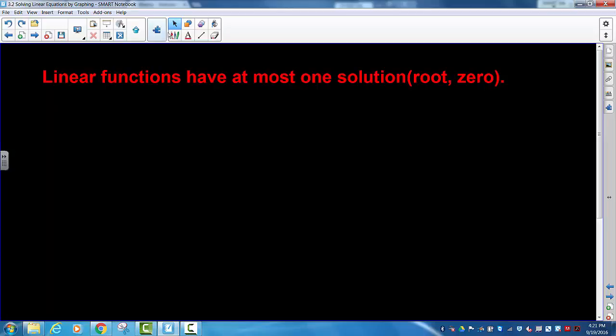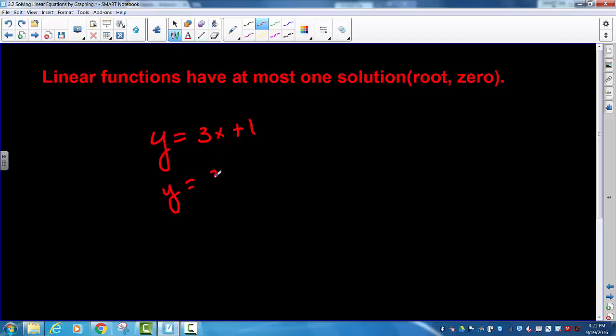And linear functions have at most one solution, or root or 0. What do you think, since y equals 3x plus 1 forms a line, and it has one solution. How many solutions do you suppose y equals 3x squared plus 1 would have?